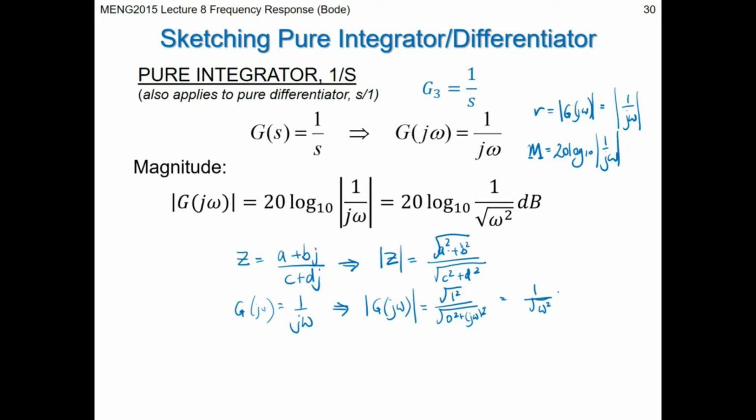Okay, now that equals this value r, but instead of expressing our magnitude as r, we're expressing it as the decibel equivalent. That's why you have 20 log 10 times the magnitude of 1 upon j omega. This is the decibel form.